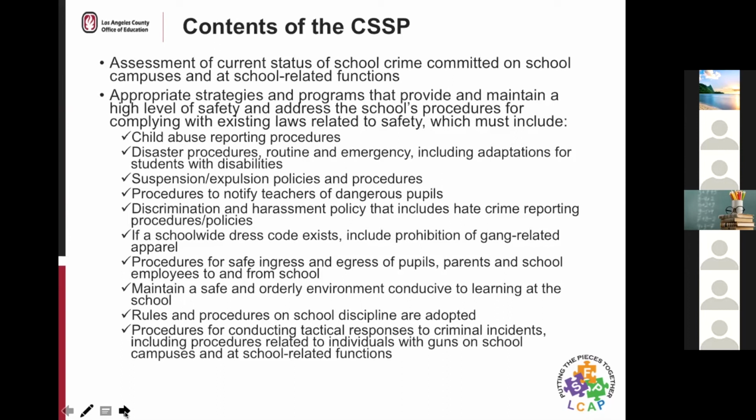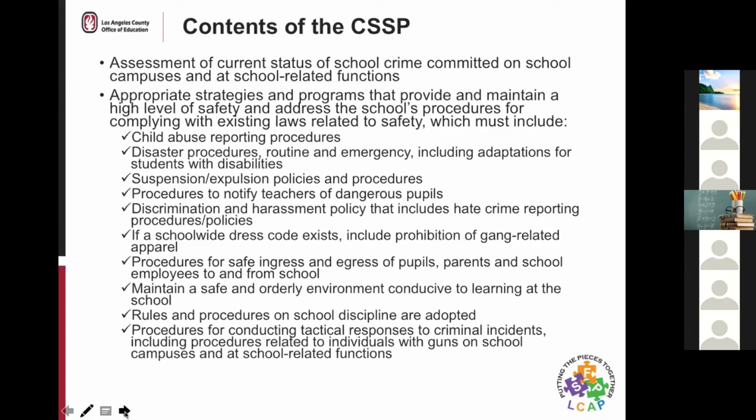The plan must include an assessment of the current status of school crime committed on campus and at any school-related functions. This may include a review of data such as office referrals, suspension or expulsion data, attendance rates, or SARB data.